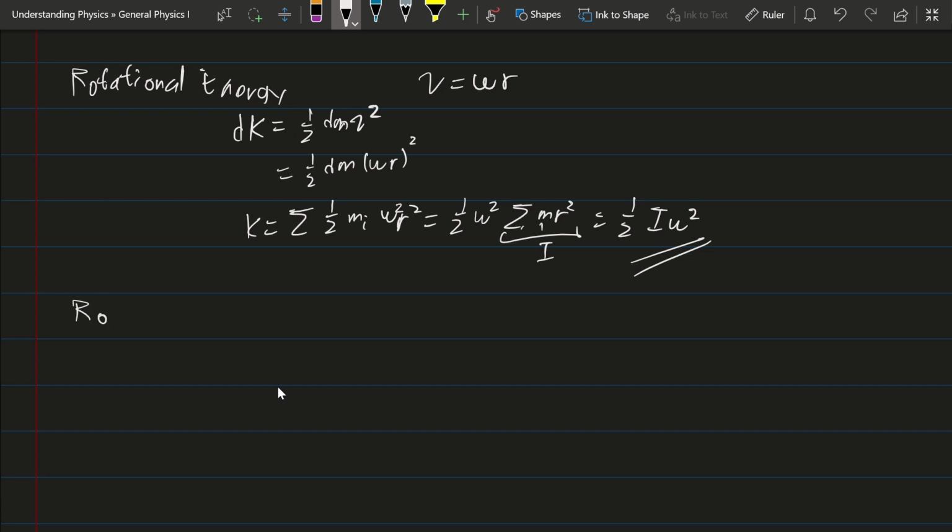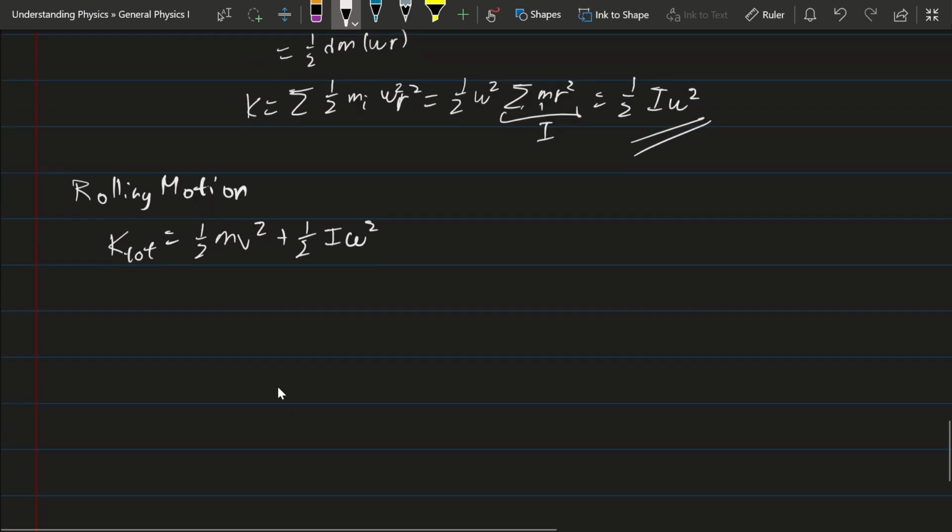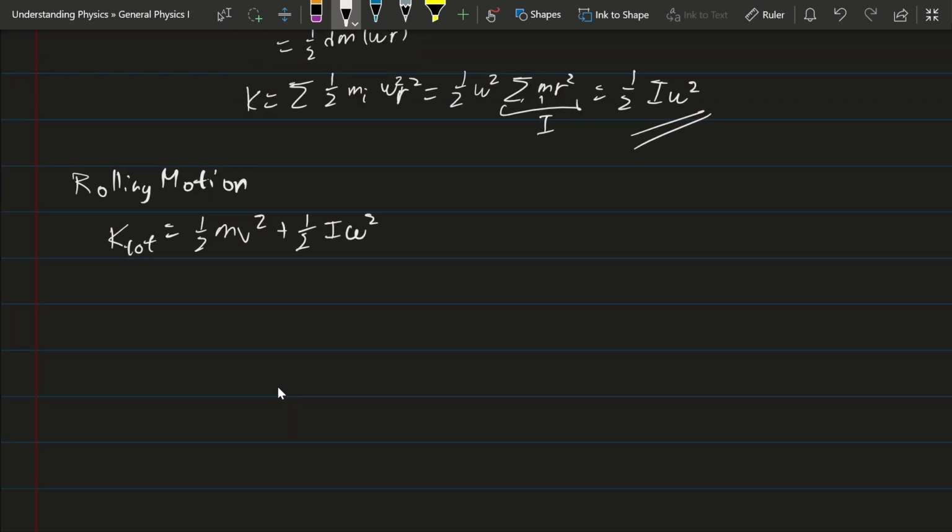So if you are dealing with a rolling motion, we could write this total of the kinetic energy to be the linear counterpart, the half mv squared, as well as the rotating counterpart, which is half I omega squared. And sometimes the condition could involve the object to be rolling without slipping.